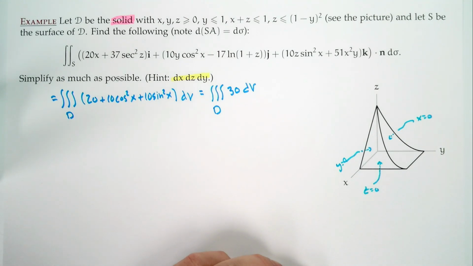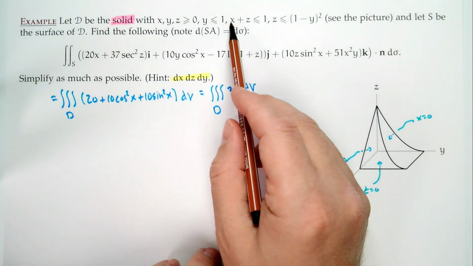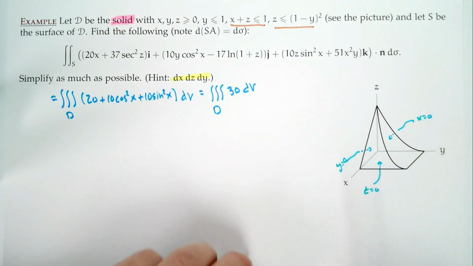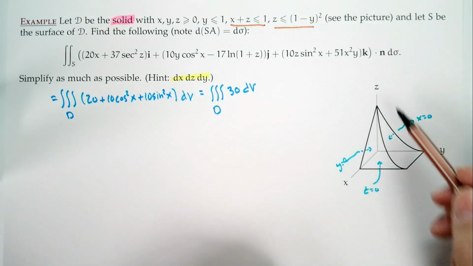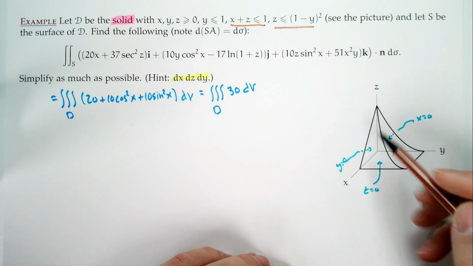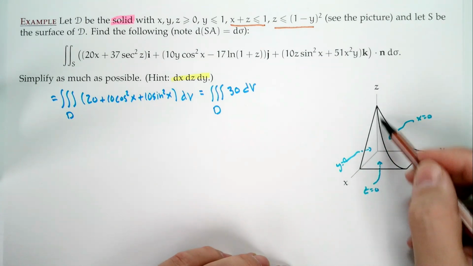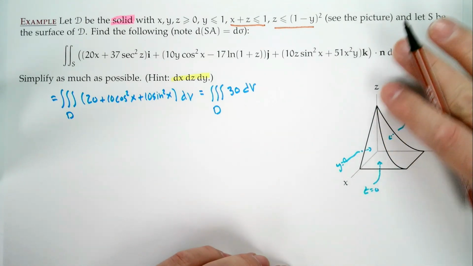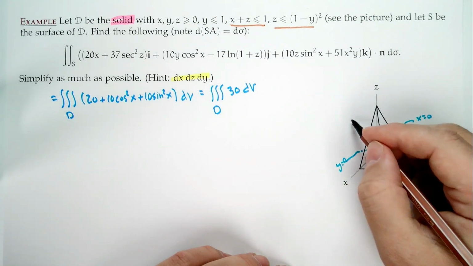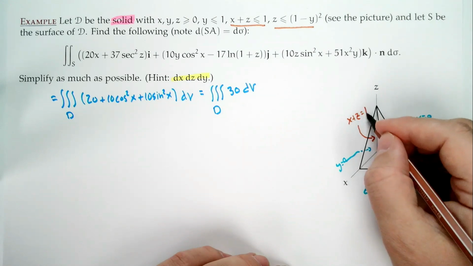Now you can look and see, what are your other things to look for? Well, notice you have these equations: x plus z equals 1, z equals 1 minus y squared. Well, x plus z equals 1 would be a line in the xz plane. So this flat surface here, it's not so clear that it's flat, but in fact it is a flat surface. This surface is x plus z equals 1.